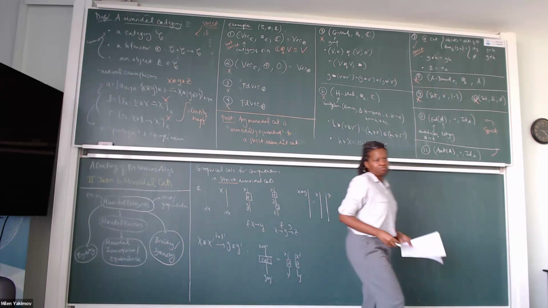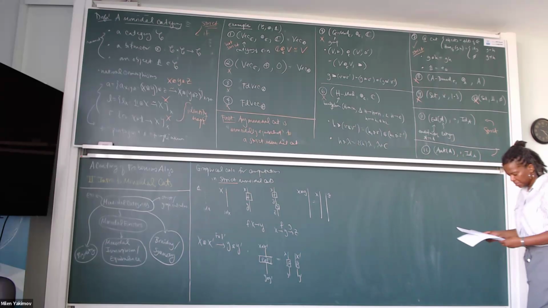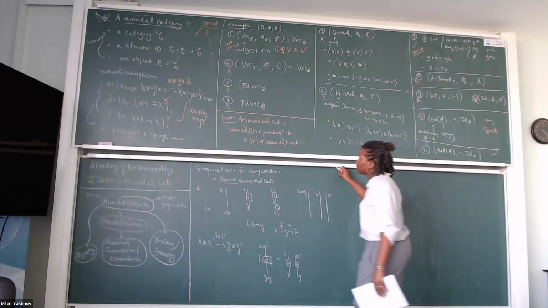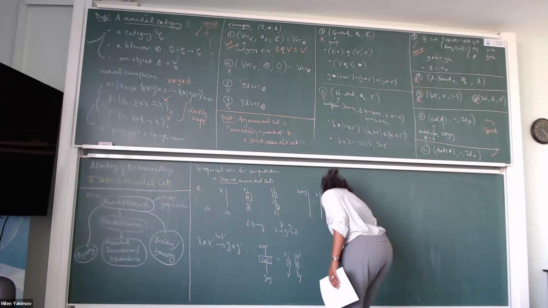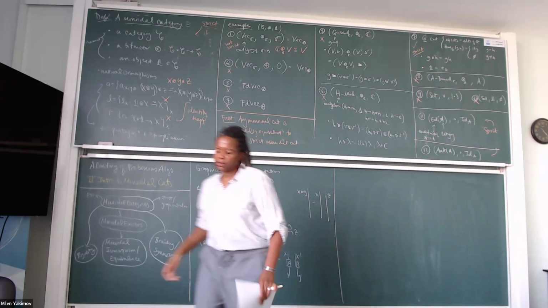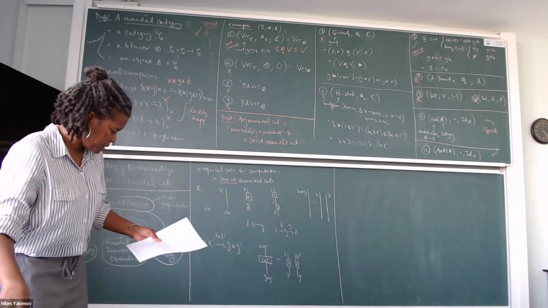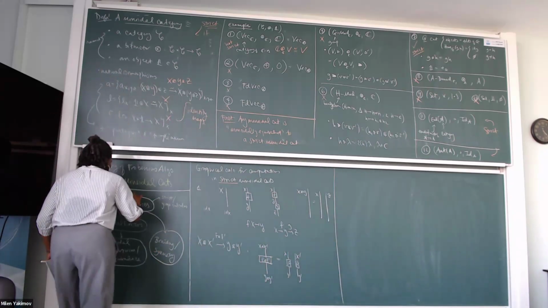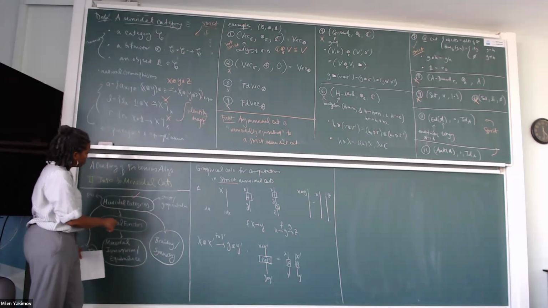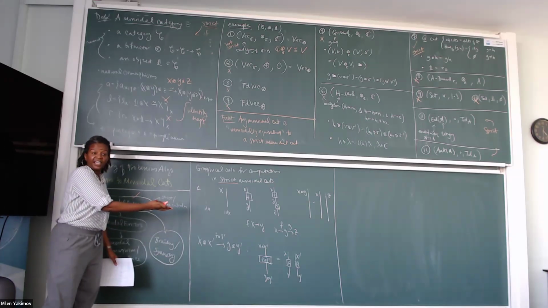Okay, so just keep that in mind. All right. So that is what I want to say about monoidal categories. What they are, some examples of them, and how we work with them in a strict case.